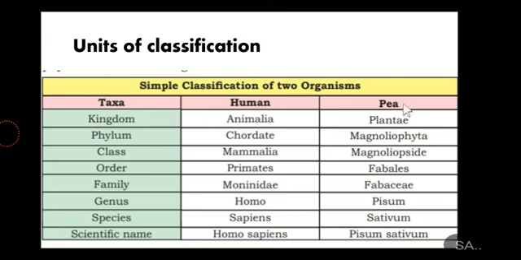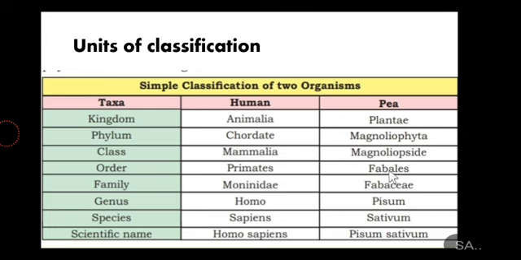This is pea. You like pea with rice or with any curry. So we'll see what is its classification. Its species is sativum. Its genus is Pisum. Family is Fabaceae.